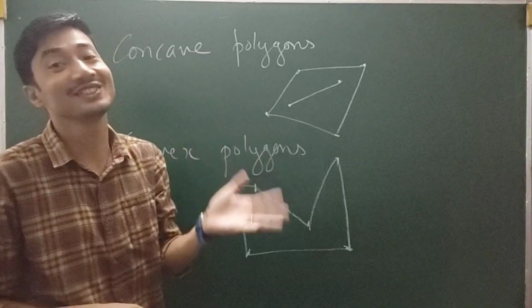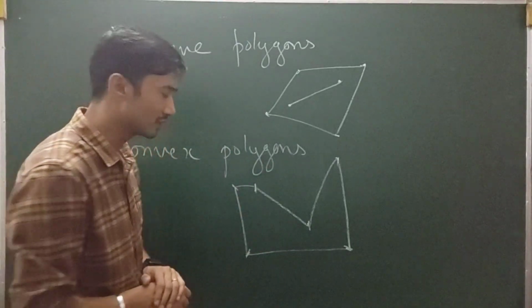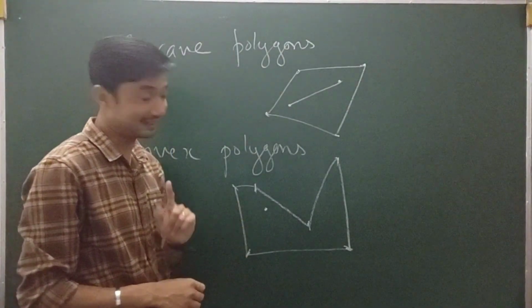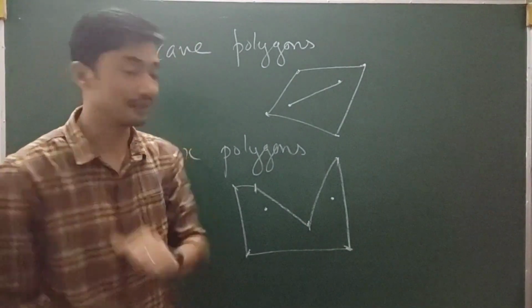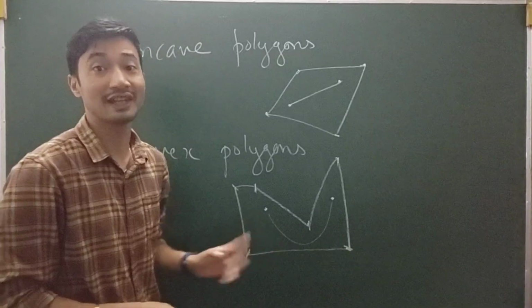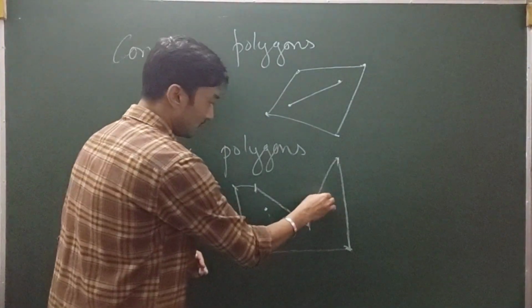Locked down, so nobody is going out. But there are some law breakers also. Suppose this one, inside or not? Inside, yes. This one also inside or outside? Inside. Join them with a straight line. I cannot join like this, this is not a straight line, this is smiley.